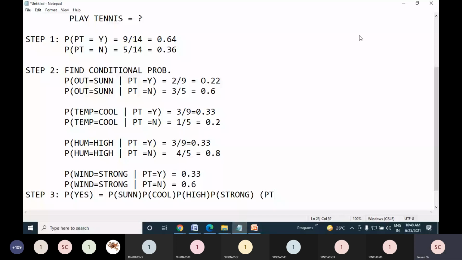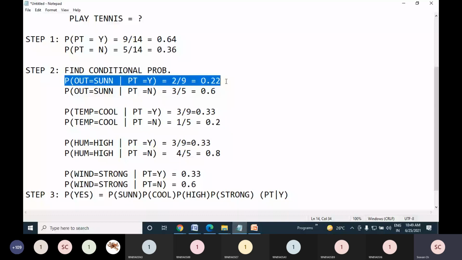So friends, please try to understand step 3. What we are trying to do is find the probability of yes, meaning I need to find whether this fellow will go for playing tennis or not for given conditions, right? So in step 2 we have calculated conditional probabilities. See here in step 2, when outlook equal to sunny and PT is equal to Y, what is the answer I got? 0.22.